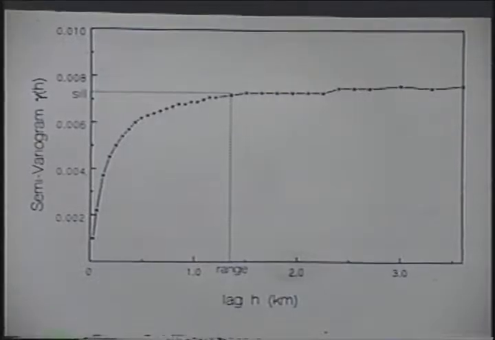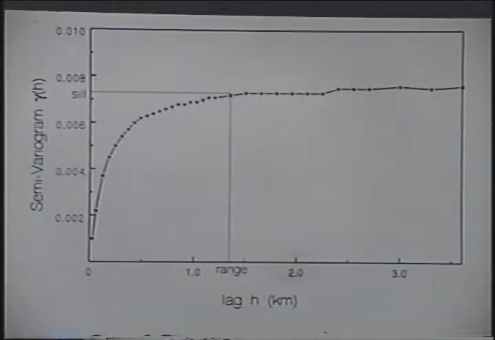In this case, the range, I mean the distance where the variogram reaches a plateau, is on the order of 1.5 kilometers.